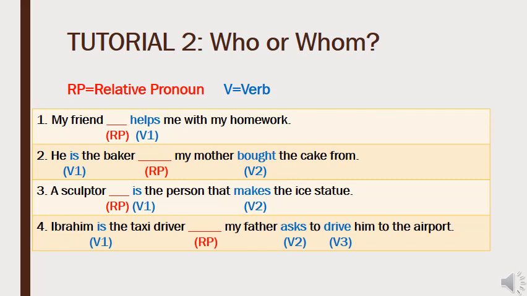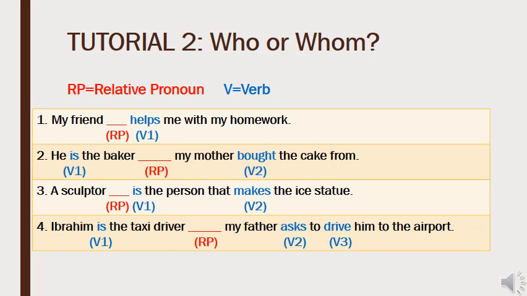Okay, sentence number 4. Ibrahim is the taxi driver. My father asked to drive him to the airport. In this sentence, there are 3 verbs. The first one is "is", the second one is "asked", and the third one is "drive".